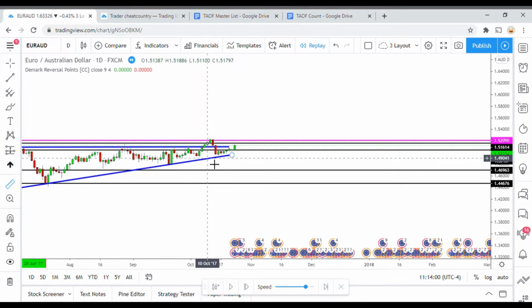Our stop would have been down here below this lower line, and that is 340 pips roughly to our stop. That is a very, very large stop that we had put in place.